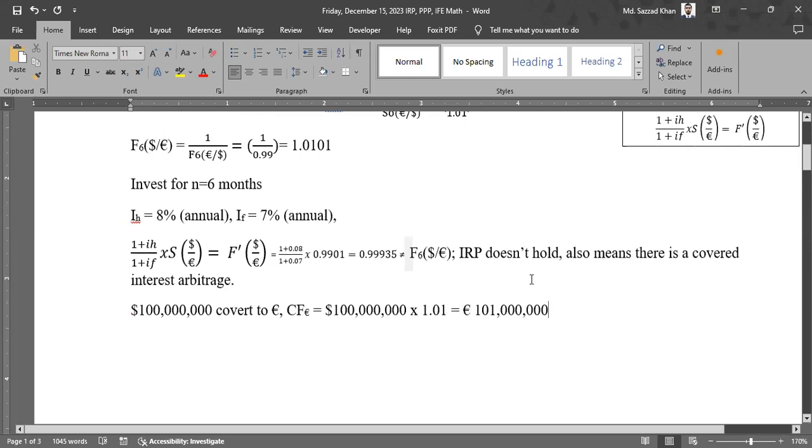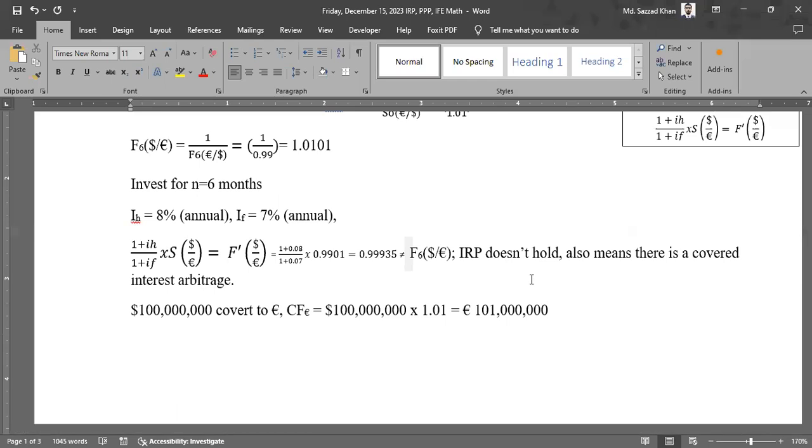So now we have converted our $100 million to euro. Now we're going to invest this euro in Germany for 6 months and we'll get, how much will we get?